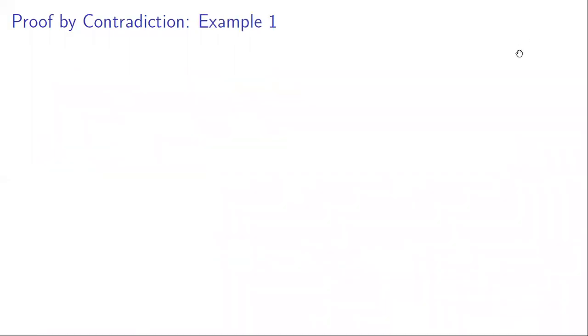So here's our first example of proof by contradiction. We have the following proposition. Suppose A is an integer. If A squared is even, then A is even. Right? So this is a claim being made about every integer, even though we don't say explicitly for all integers.